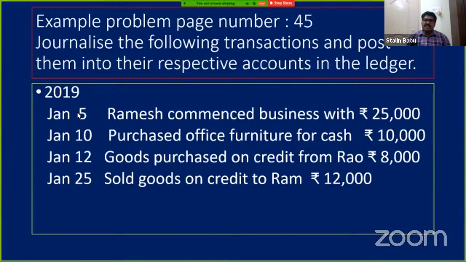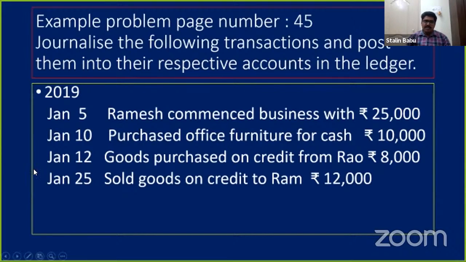So let us see the first transaction. On January 5th, Ramesh commenced business with rupees 25,000. So what is coming into the business? Cash is coming into the business. So the entry is cash account debit. Who is the giver? Ramesh. Ramesh capital account. So the journal entry is cash account debit to Ramesh capital account.